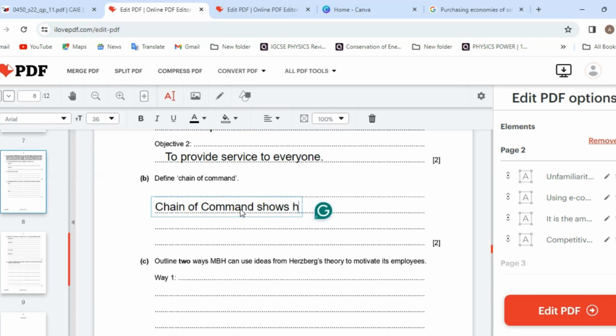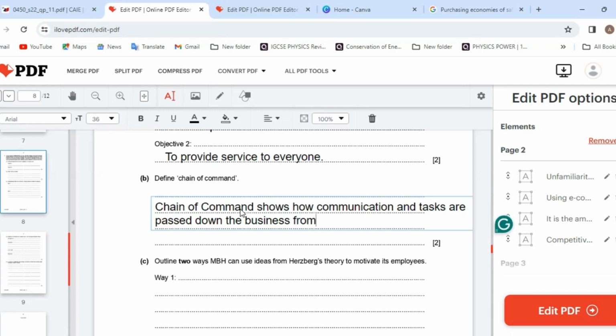shows how communication and tasks are passed down the business from the top to the bottom.